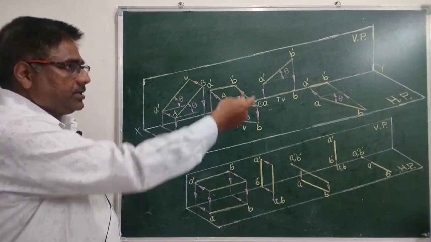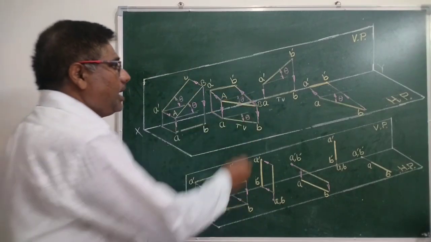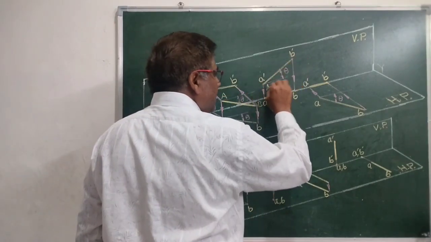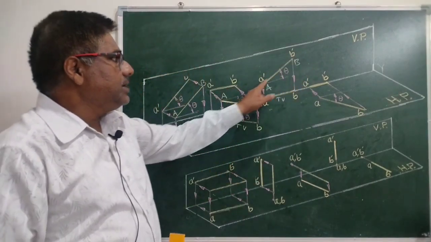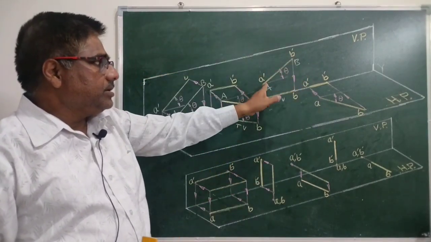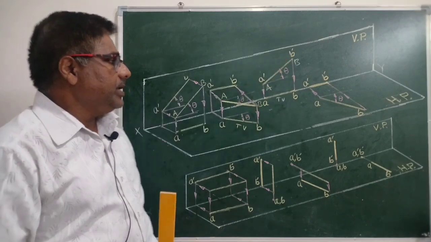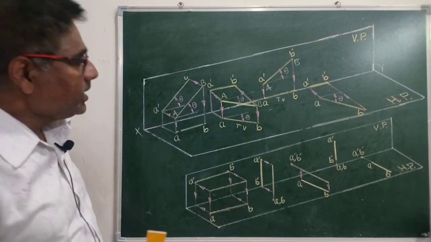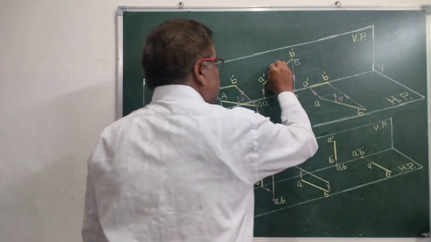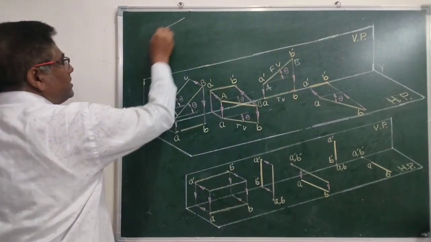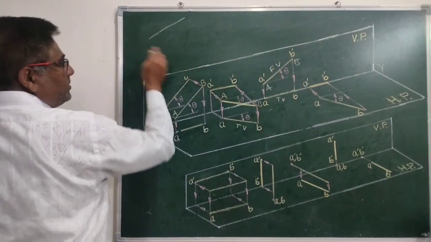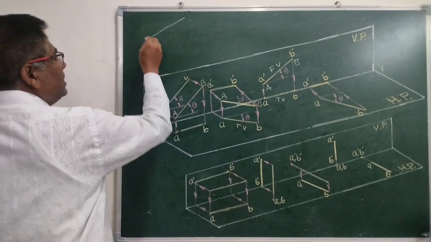The line itself will act as front view. There is no question of projecting the endpoints on vertical plane because line is in VP. Therefore, line itself will act as front view and top view will fall on XY line.